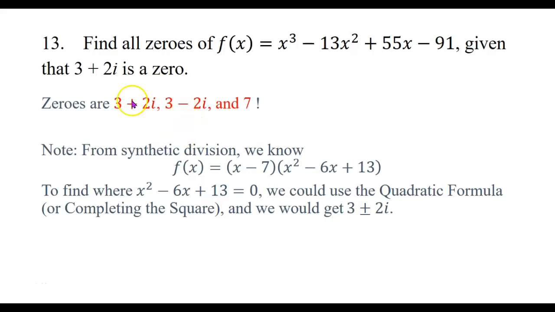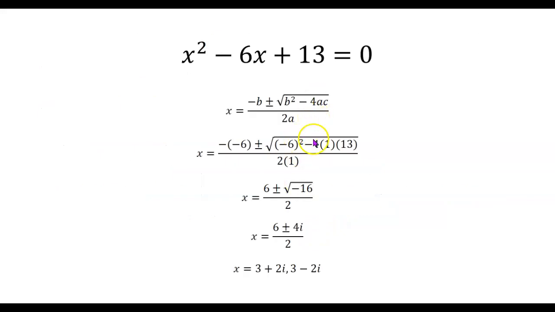So even if we hadn't been given the 3 plus 2i as a starting point, if we found that 7, we could factor out that x minus 7 and then worry about when x squared minus 6x plus 13 is equal to 0. And once we figured out when that is, we'd have all three of our zeros.